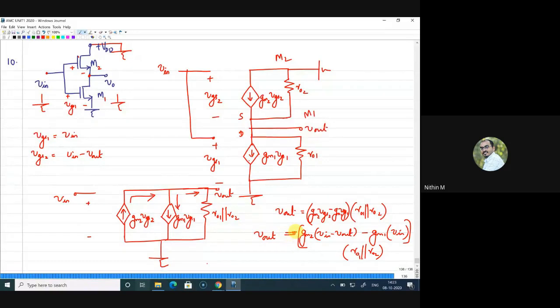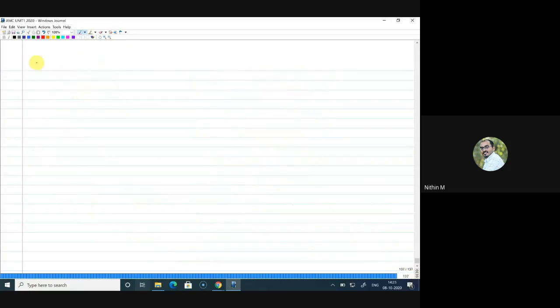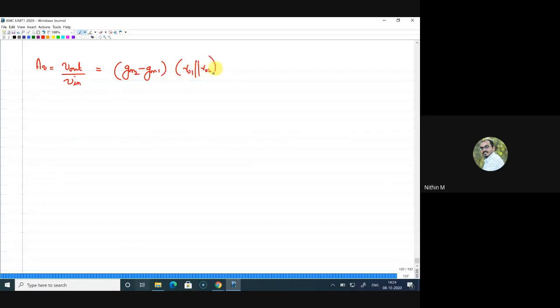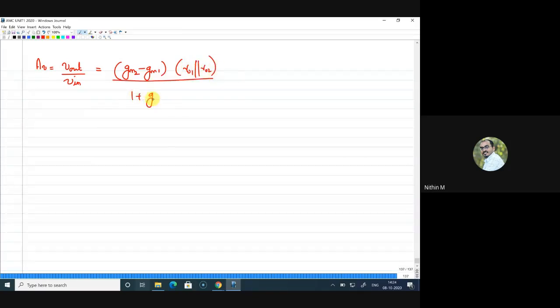Now if you're asked to find the expression for AV, you can just multiply and you can get the final answer of AV. I'll just write the final answer of AV here. AV is V out by V in. You'll get the final answer as GM2 minus GM1 into R01 parallel to R02, over 1 plus GM2 into R01 parallel to R02. You can solve and see whether you are getting this answer or not.